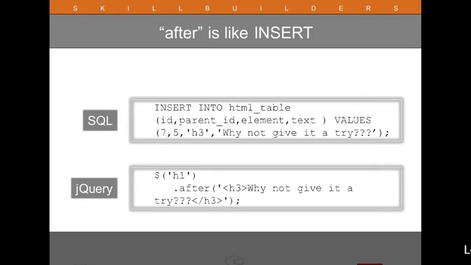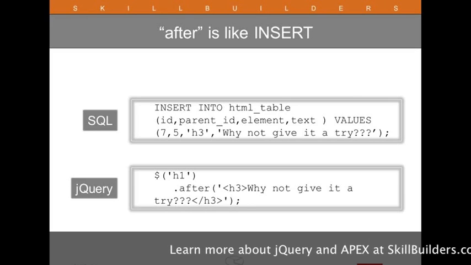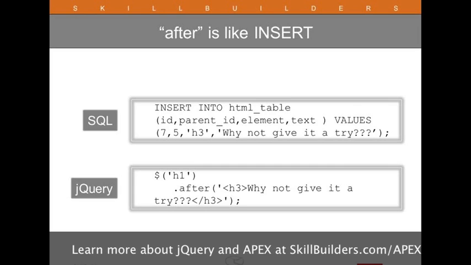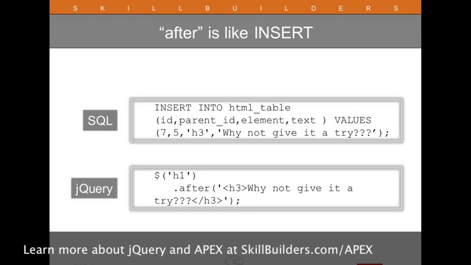Of course, as we work with data in SQL, we often have to insert new data. We do that via the insert statement. And we can see an example of inserting a new row into our HTML table here. One thing I want you to notice is the ID and parent ID.